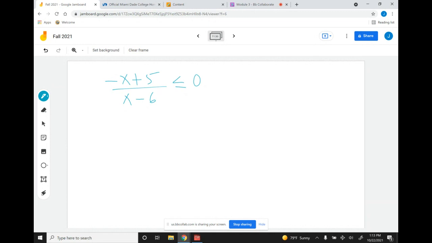The other beautiful thing is they have a 0 on the right-hand side. And in this case, we may have a bracket, but the question is, where will the bracket go? Because this time we have two things to worry about. We're going to find a critical number from the numerator.